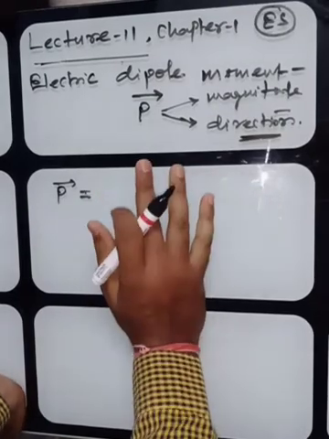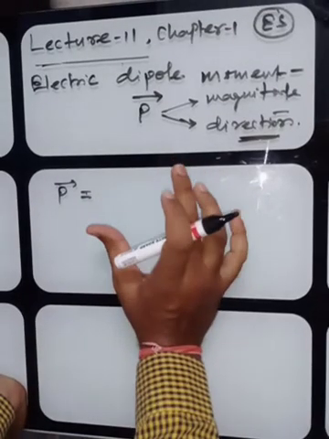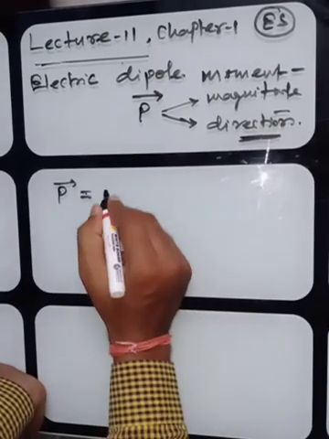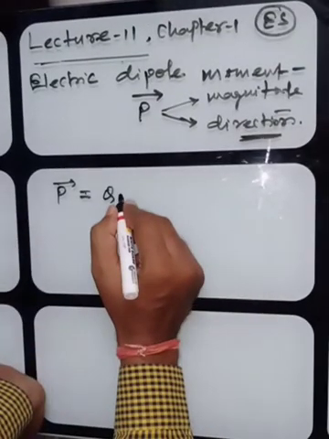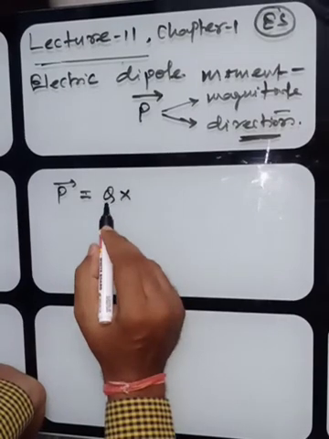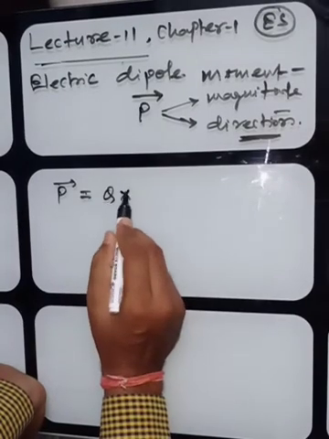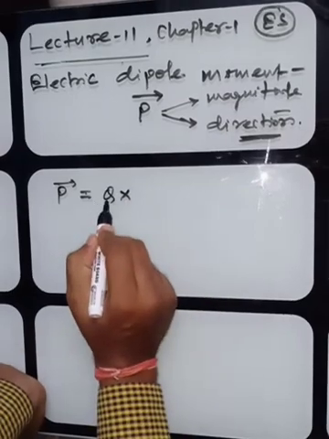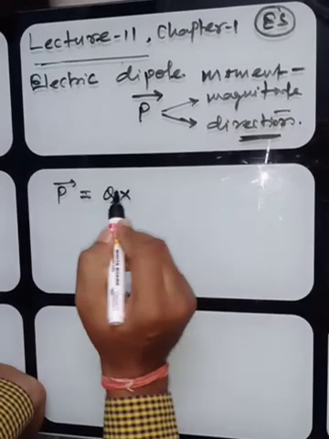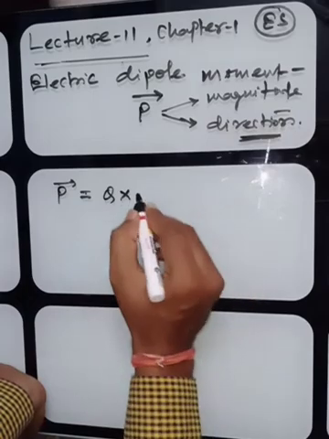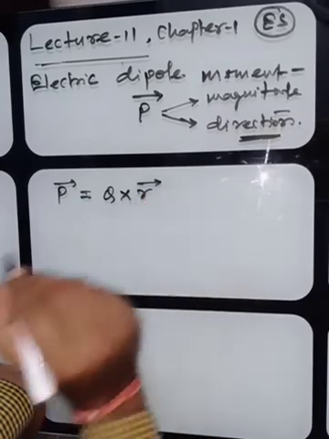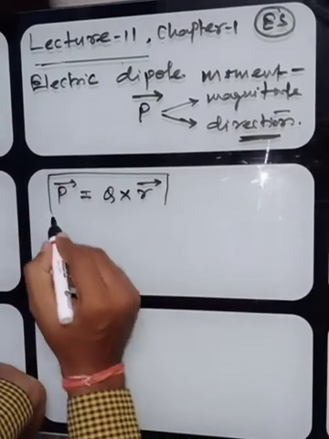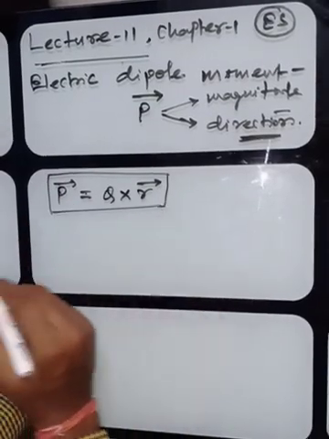Since both charges are of equal magnitude while making the dipole, it is the product of the magnitude of either charge. This is a simple algebraic multiplication, not a vector product. So Q times the vector separation between the two charges, and this gives you the mathematical concept of electric dipole moment.